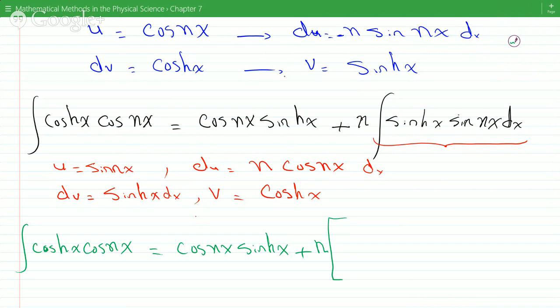So uv, that's sine nx times cosine hyperbolic x, minus the integral of v du. So v du will be minus n, so we can put the n here. v du will be cosine hyperbolic cosine nx.